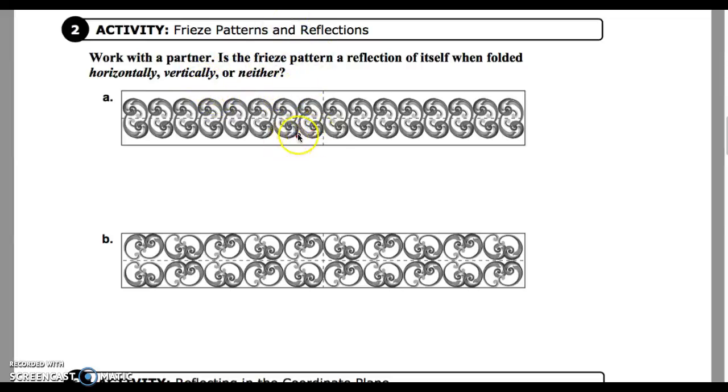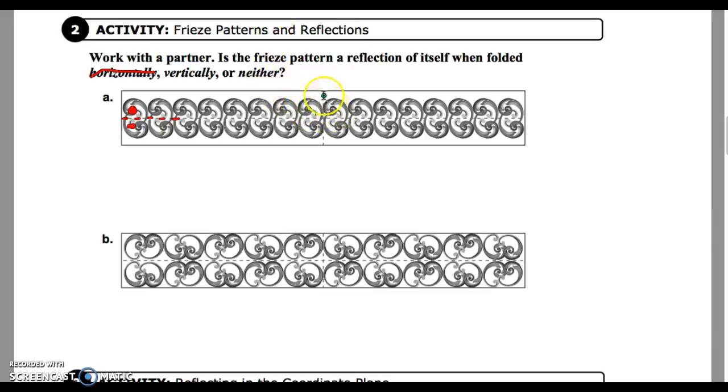So if I fold it right along this dotted line, you can barely see that dotted line through there, would it be the exact same? I like to pick out a key point in that shape. If I pick out this dark circle right here, if I were to fold that paper in half, that dark circle is going to line up right below it. And in the part below, it does not line up. So it does not match up horizontally.